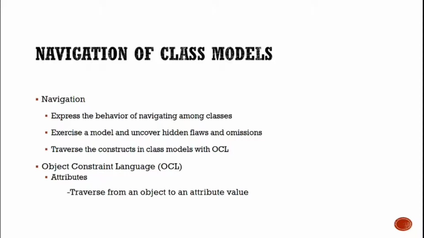There are hidden flows and constructs in the class model with OCL, the Object Constraint Language, which has attributes to support the class model. And how many credit card accounts does the customer currently have? What is the total maximum credit for the customer for all accounts? We can pose a variety of questions against the model.